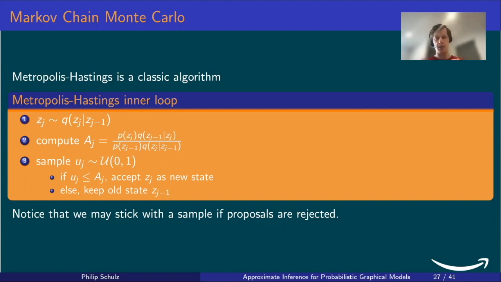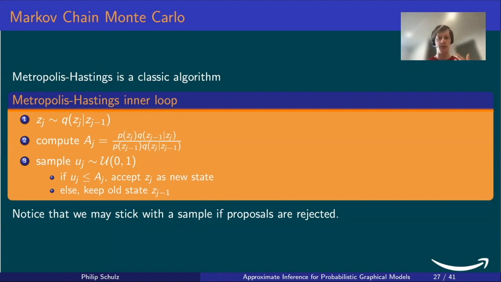And until we accept a new sample, we'll just stick with this one sample, which again also means that if this conditional distribution is badly chosen, right, and you are constantly rejecting samples, you'll just stick with this one sample all the time, which of course will not give you a very good representation of your posterior at all. So that's why it's important to choose a conditional distribution that actually allows us to transition quickly and draw as many different samples as possible. And I'll show you an algorithm that accomplishes that very, very well in a minute.